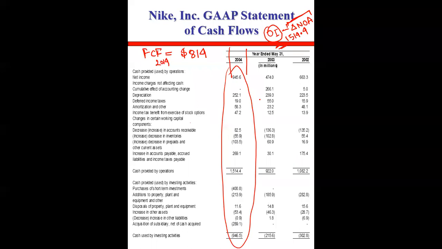We know what is meant by operations. And we know that there are some numbers which reflect that we have made investment in operations. And we have a total number which indicates how much we have invested in our operations. If you can find the number, please write it down in the chat box, how much investment has been made in 2004 for the operation.